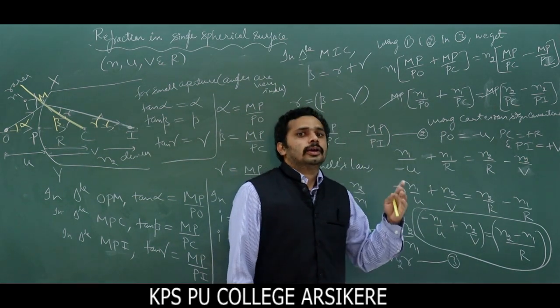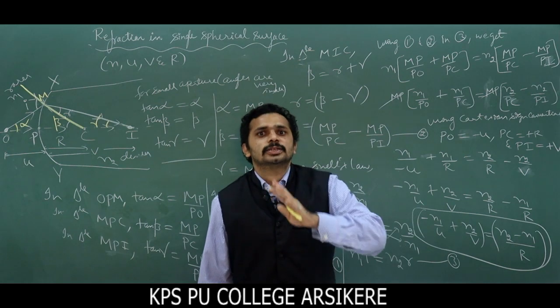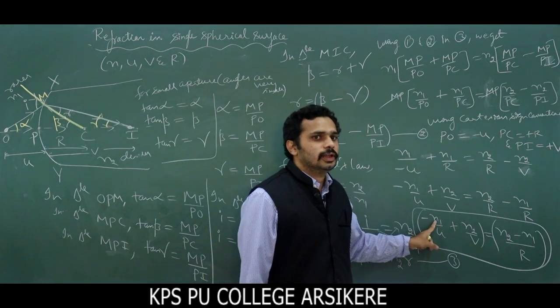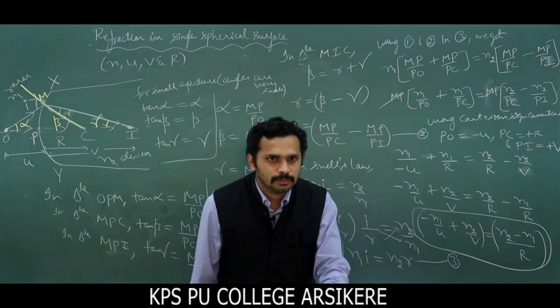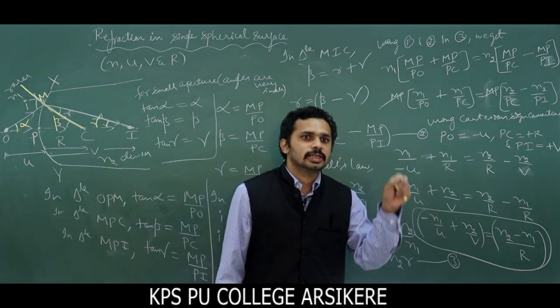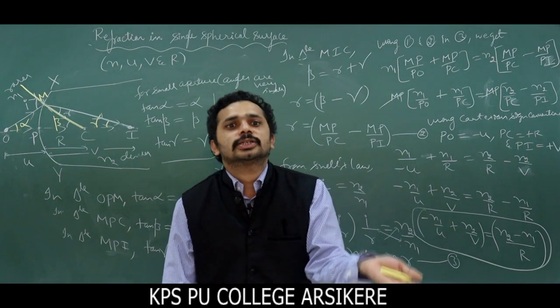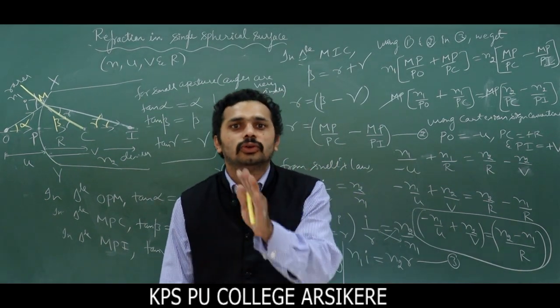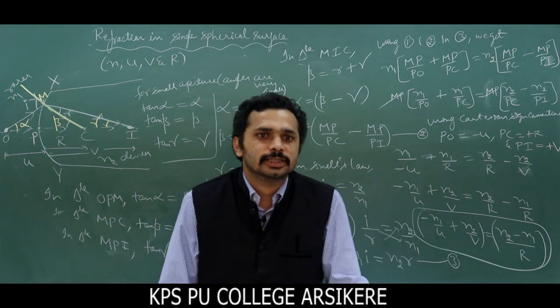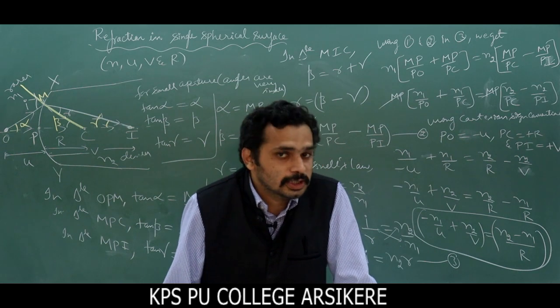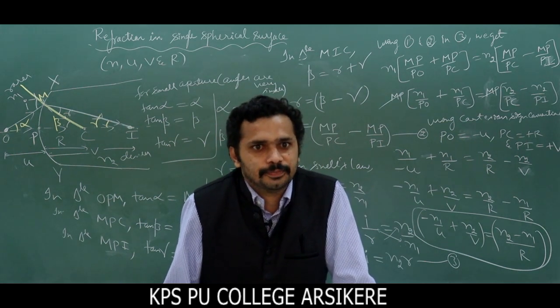This formula I am using in the lens maker's formula. N1 is the refractive index of the first medium, u is the object distance: refractive index of first medium by object distance plus refractive index of second medium by image distance is equal to the difference in the refractive indices by radius of curvature. Is it clear? It's a very important derivation.